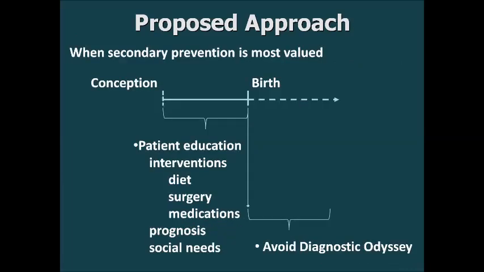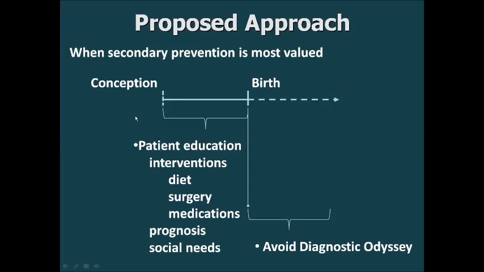Now, the idea of secondary prevention is an interesting one, because many people would say that expanded carrier screening then has no place for those couples that are interested only in secondary prevention.